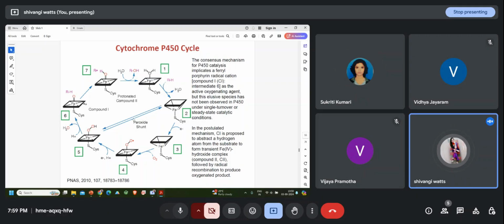These arrows are not equilibrium. This is not happening directly, but is going through a cycle. This is the full cycle just to show that this is a peroxide shunt. These arrows are showing it like this. It is not like this is happening directly.